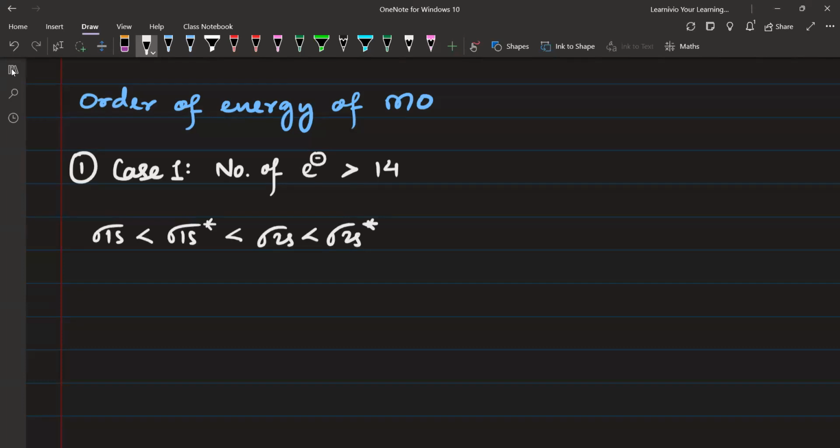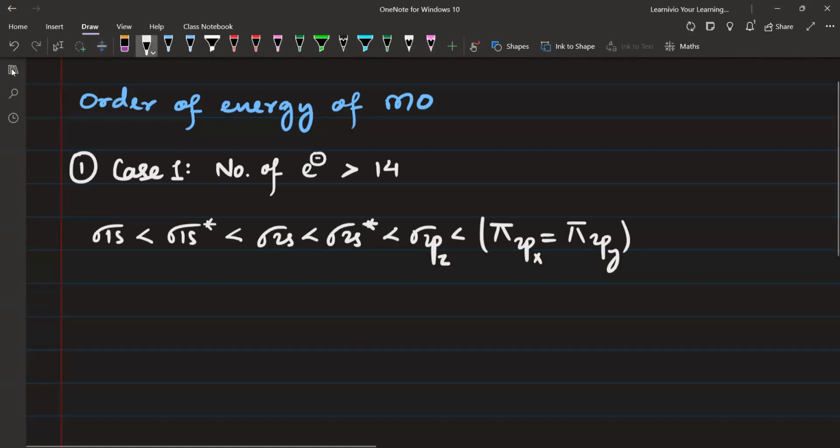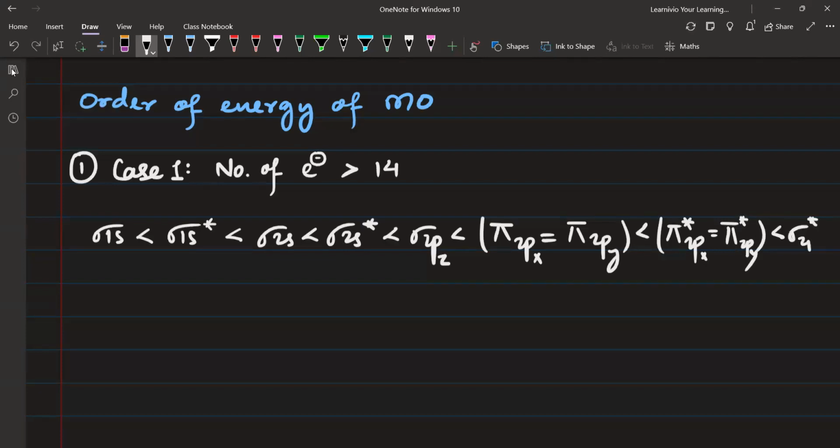Then you will have sigma 2pz. Then you will have pi 2px, which will be equal to pi 2py. After that, you are going to have pi star 2px, which will be equal to pi star 2py, which will be greater than now. जो सबसे ज्यादा लार्जेस्ट होगा that will be sigma star 2pz.